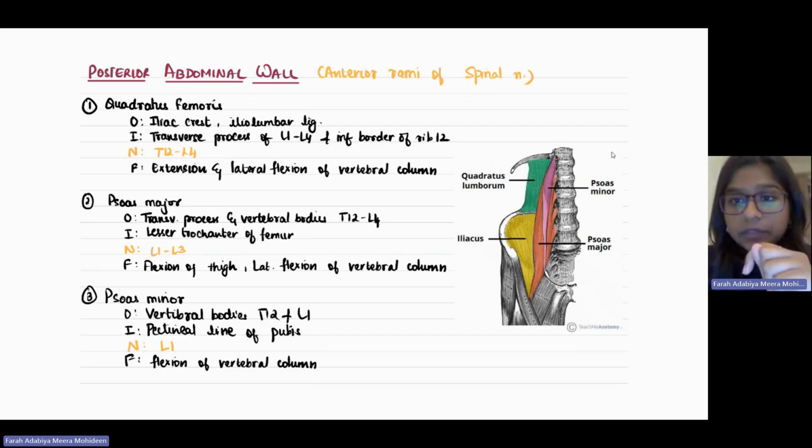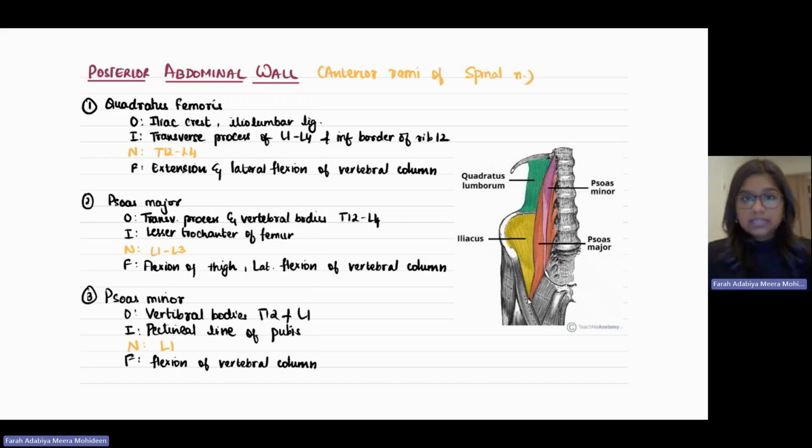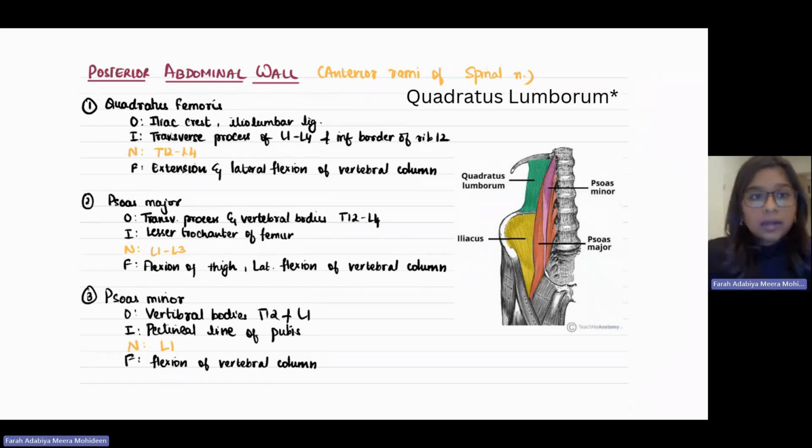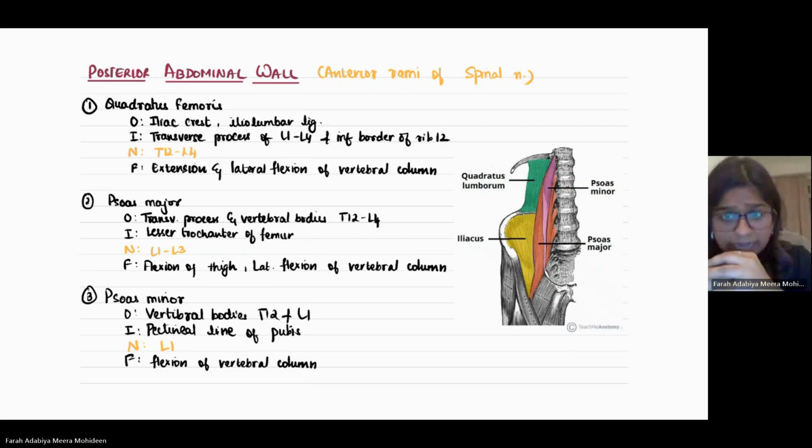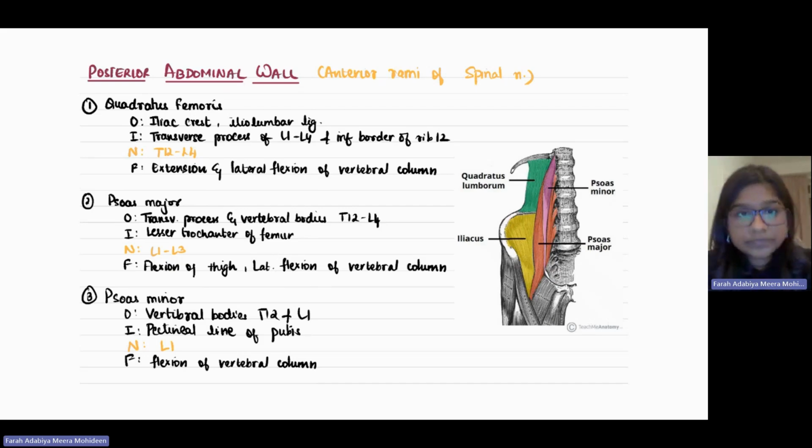The first muscle, quadratus lumborum. It's not here, I'll attach a picture. It starts from your iliac crest, and it inserts into the transverse processes of your L1 to L4 vertebral bodies, right?